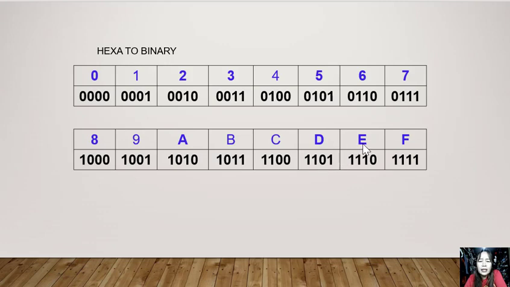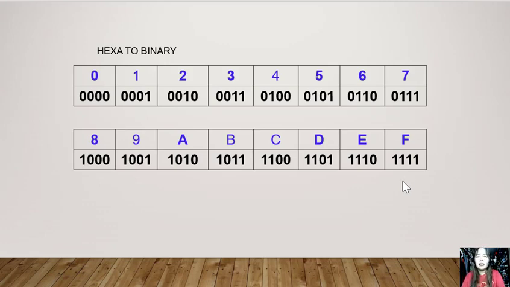And then letter E is 14, so it's 1110, that's equivalent to 8 plus 4 plus 2. And then of course you have letter F, which activates all 4 digits 8421, that's equivalent to 8 plus 4 plus 2 plus 1, and that's equivalent to 15.